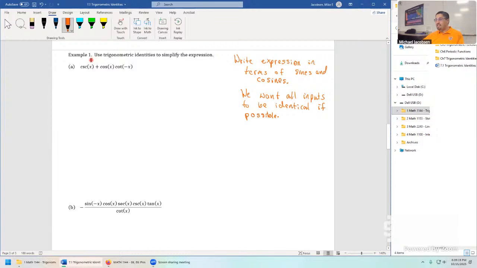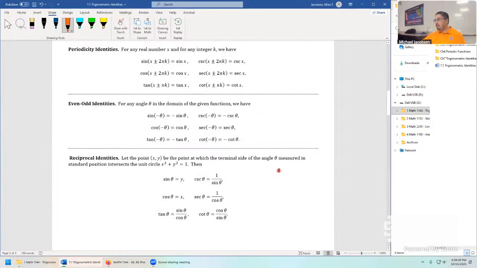If there's a negative x and the others are x and x, then we need to use the even odd identities to fix this. Let's actually take a look into that table one more time. The cool thing about the even odd identities is this is the odd one out. Cosine of a negative input just gives you cosine theta, and secant is just 1 over cosine, so it does the same thing.